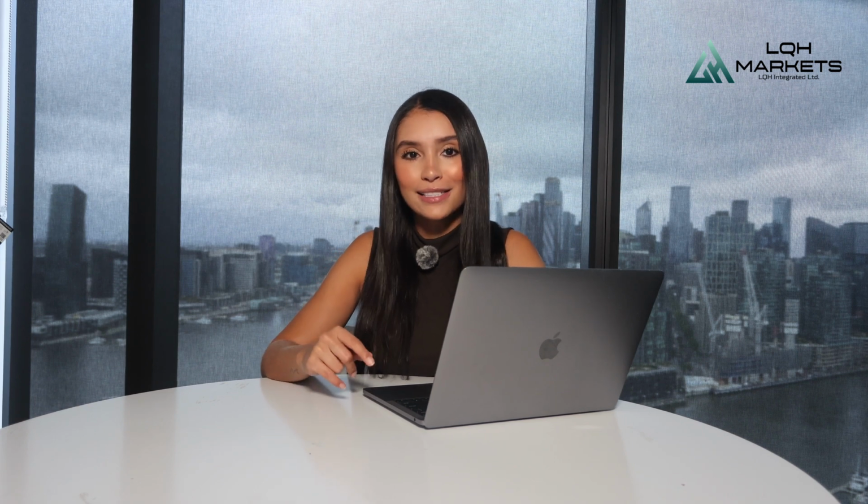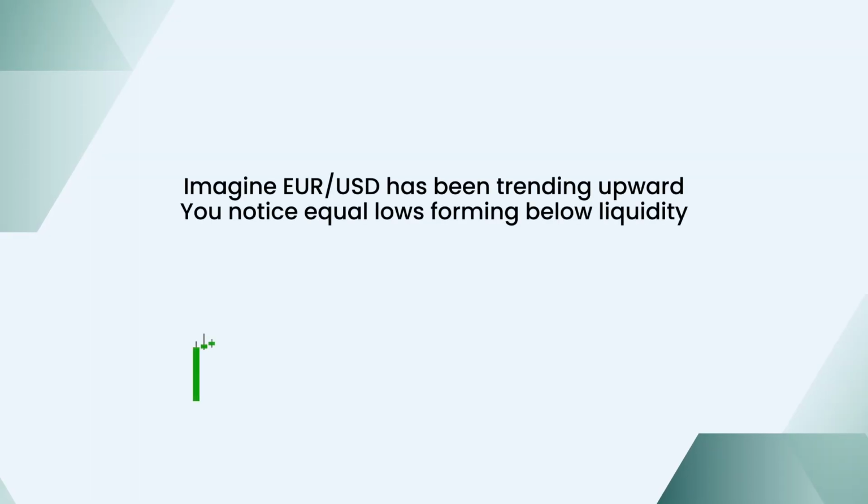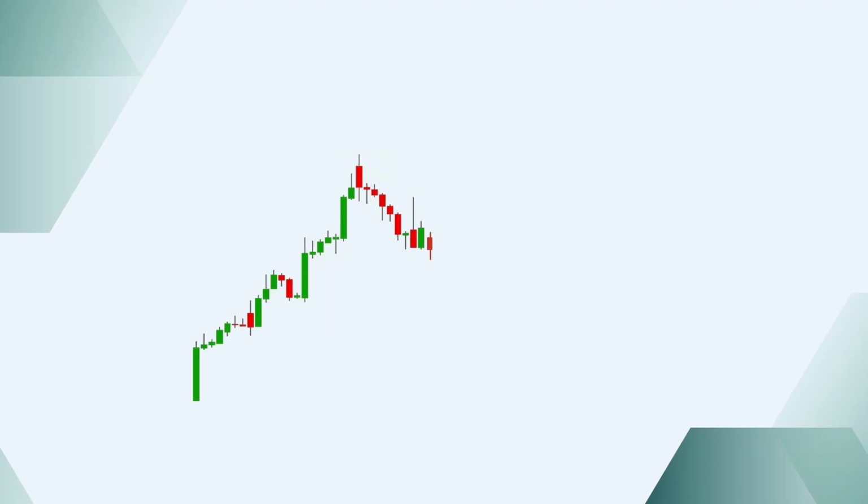Let's go through an example step by step. Imagine EUR/USD has been trending upward. You notice equal lows forming, with liquidity below. During the London session, price dips down, sweeps those lows, and instantly reverses. You identify a fair value gap forming on the move back up and a bullish order block just below it.